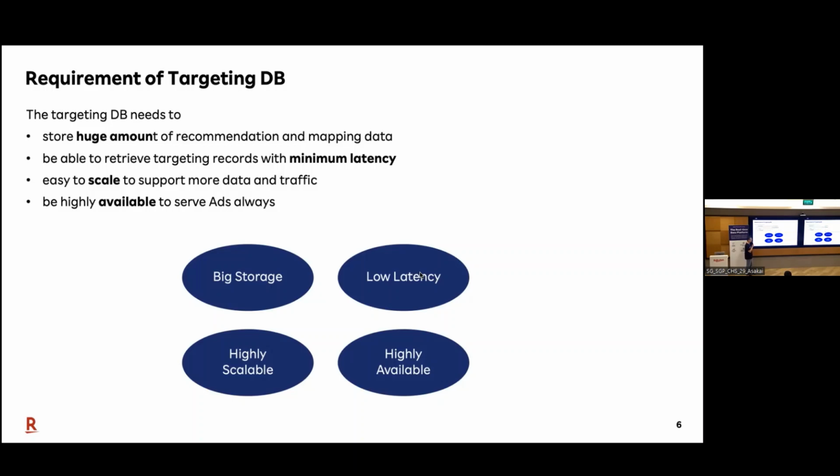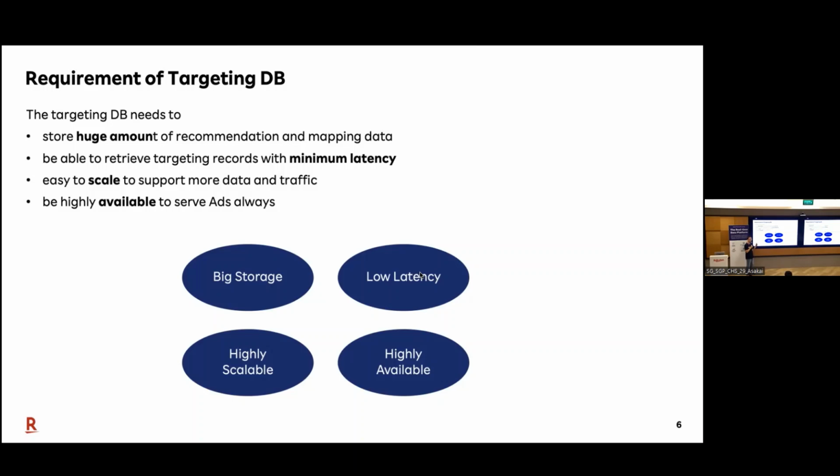And because of the nature of ads, we must make it low latency. We need to return the ads in a very short time. Another reason is that our ad API can be integrated into an ad technology called real-time bidding.